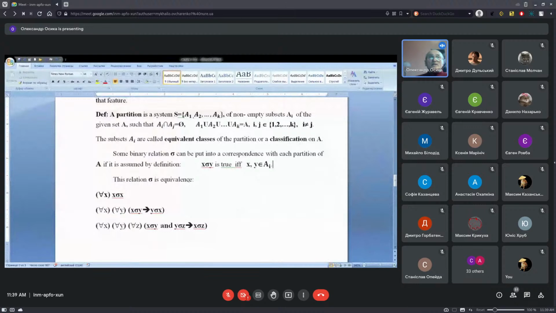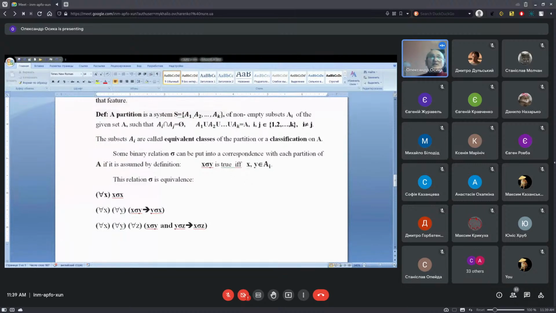This relation is an equivalence because, first, for all X, they belong to the same class. For each X and Y, if they belong to one subset, it follows that Y and X also belong to one subset.